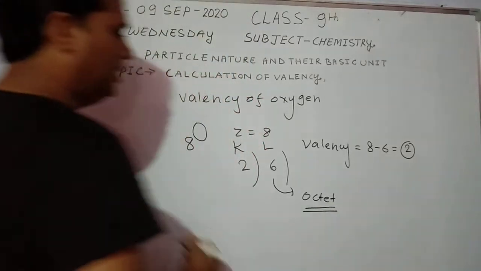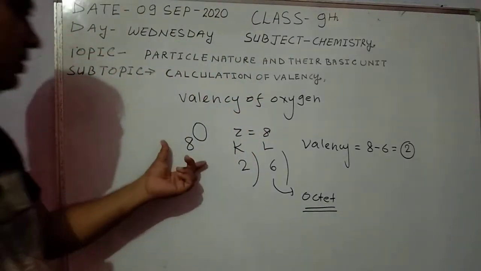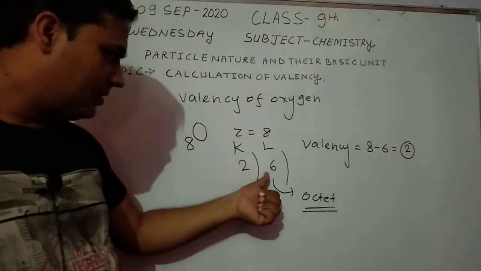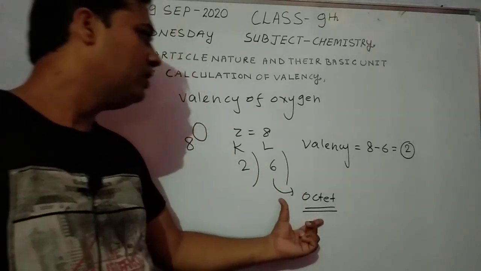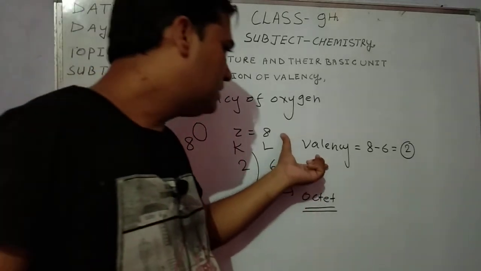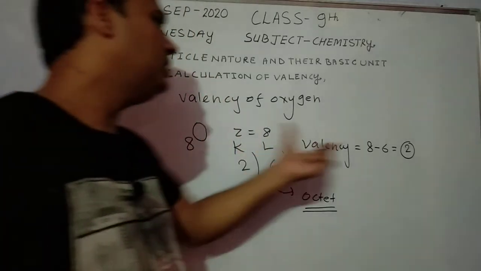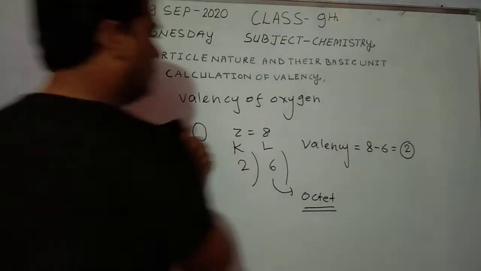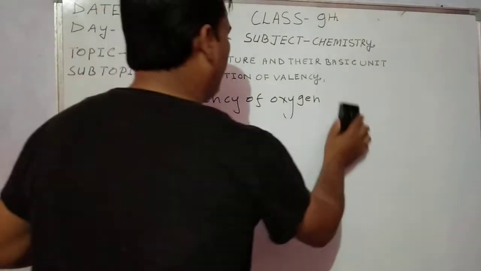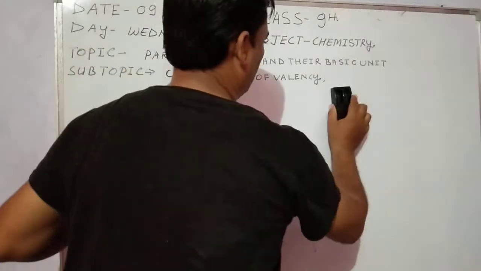Octet means 8 electrons. So in oxygen, the outermost shell contains 6 electrons, so it requires 2 electrons to complete its octet. So the valency of oxygen will be 2. In this way we can calculate the valency of an atom of an element.